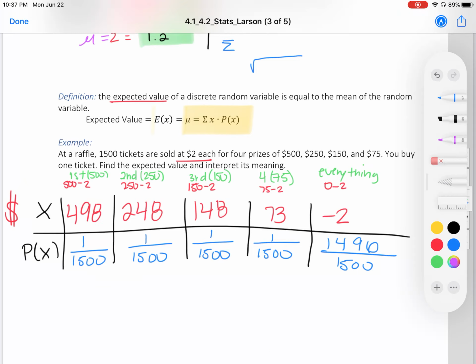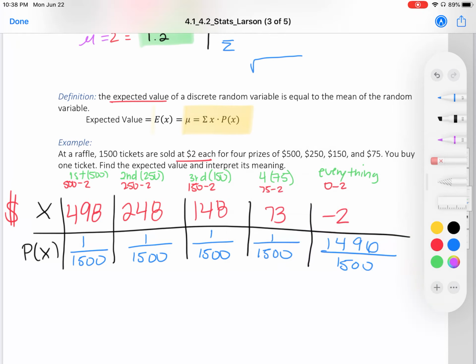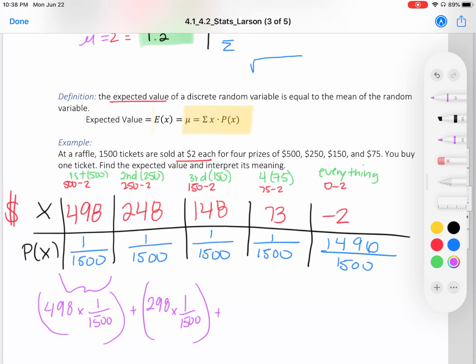Okay, now we're going to find the mean. It's the same thing as the mean. So remember like the problem we did before? Our second example, we're going to multiply each number by its x, each probability its x, and then add it. So let's go ahead and do that. So we have 498 times 1 over 1,500 plus 248 times 1 over 1,500 plus, that's our second one.